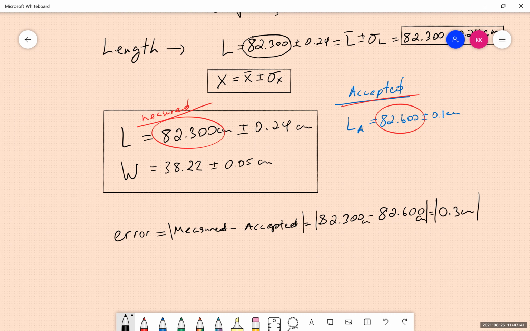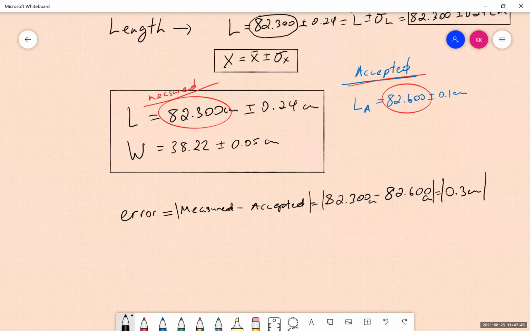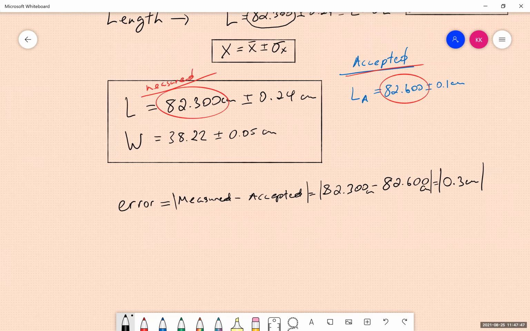But does it tell you if it's a good experiment or not? Well, not quite. So then what we can do here is calculate percent error. So for example, percent error would be to take the error and divide it by the accepted value, and then times 100%.